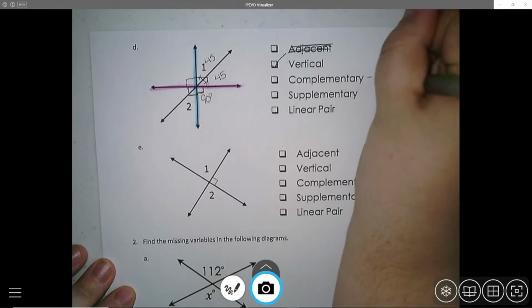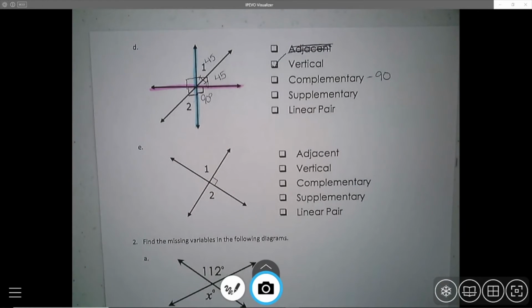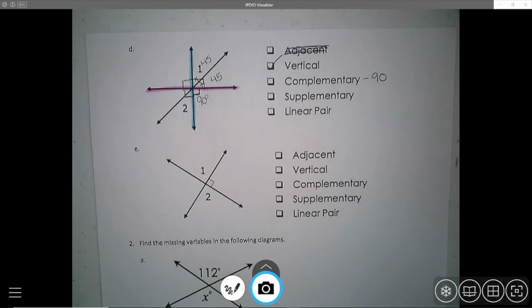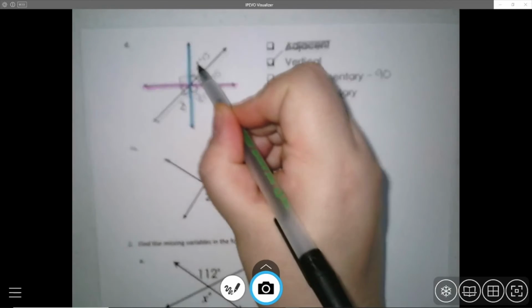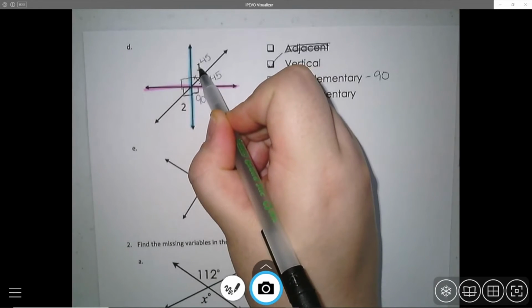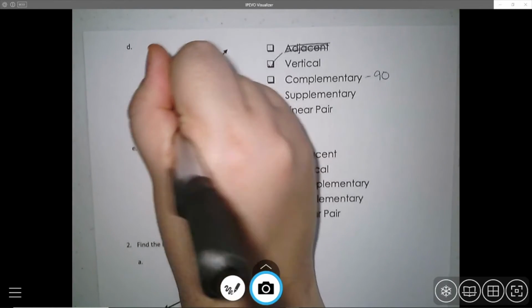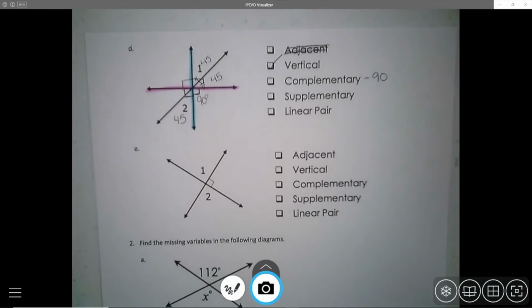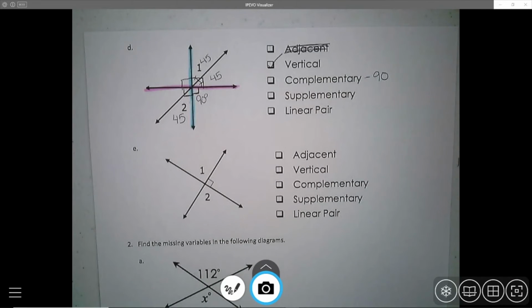Now we get down to complementary, remember, means 90. Do these angles add together to be 90? Okay, this is what I have to remember. Vertical angles are congruent. They are the same thing. So if I know one of my vertical angles is 45, the other angle down here is going to be 45 as well.